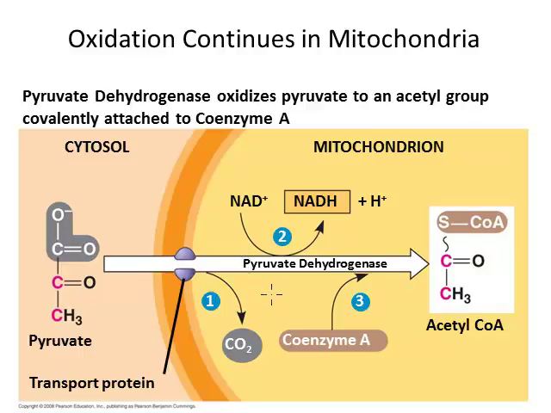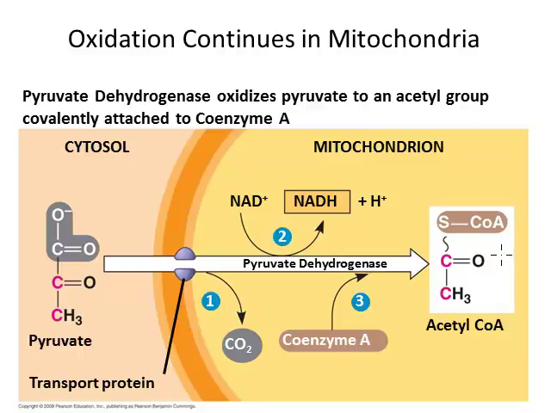Once there, in an amazing and complex series of linked reactions by 3 different enzymes collectively referred to as pyruvate dehydrogenase, with 5 separate coenzymes, pyruvate is oxidized and decarboxylated. Essentially, a carboxyl group is cleaved off, here in gray, which then leaves as a molecule of carbon dioxide. As pyruvate is oxidized, NAD is reduced to form NADH.